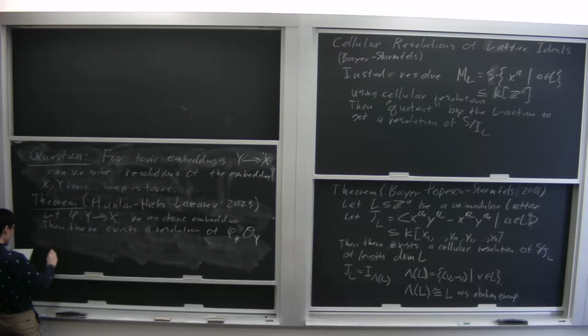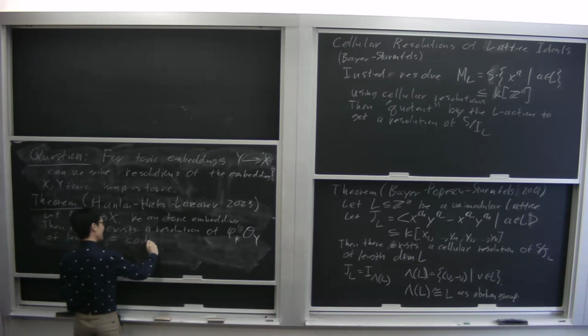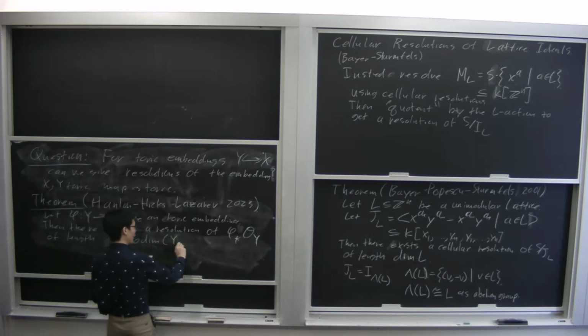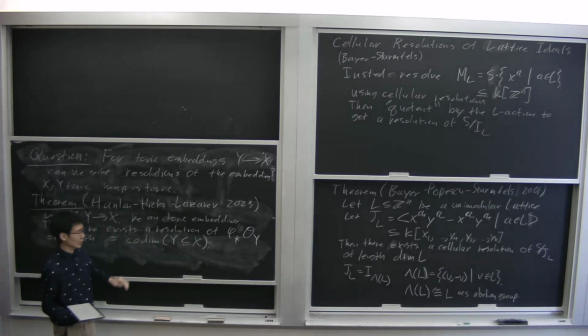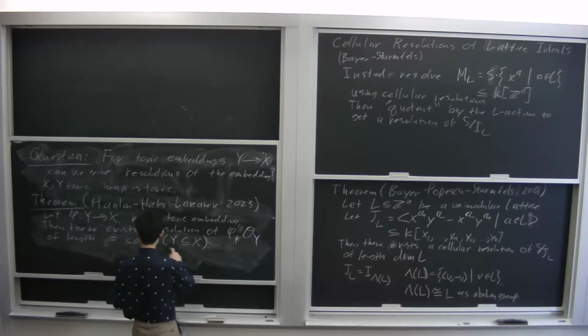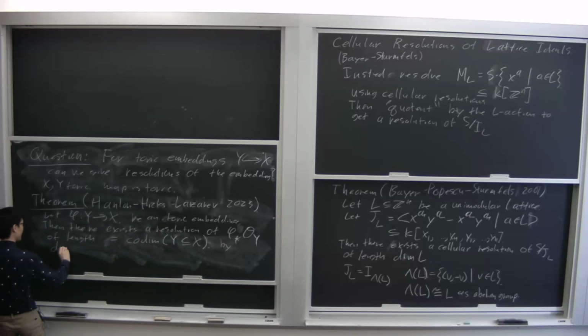A resolution of this of length, well, technically less than or equal to, but they will get something equal. No, it can't be less than or equal to. Equal, codimension. Sorry, there's a less than or equal to in some other theorem that I'm used to talking about. Oh, sorry, I didn't tell you how I'm resolving it. A resolution of this of length, by direct sums of line bundles.